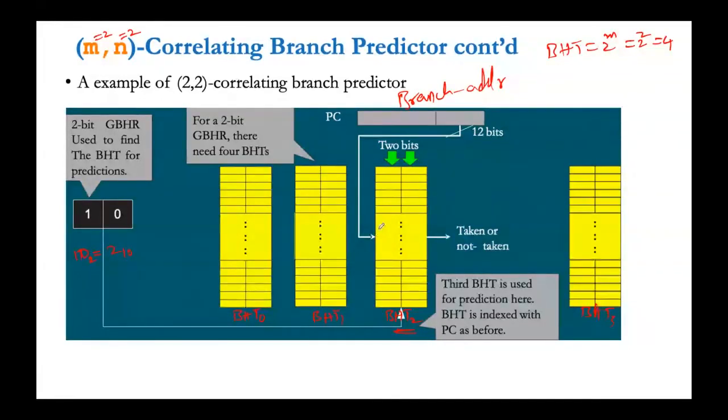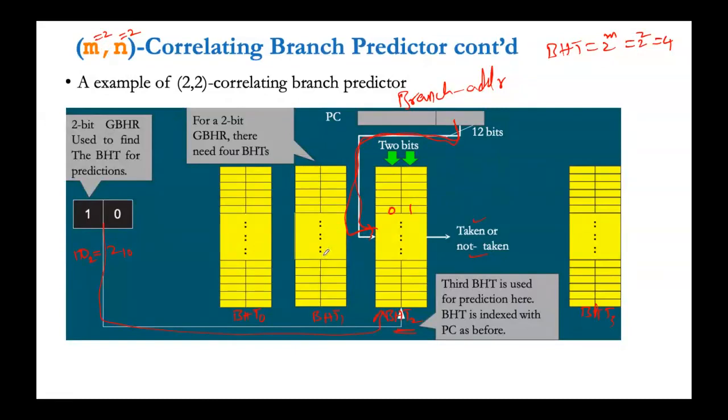Once the location is identified, from that entry it is decided whether the branch is taken or not taken. So this we call the M cross N, or (M,N) correlating branch predictor.